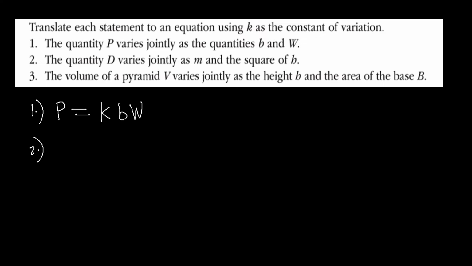Number 2, the quantity t varies jointly as m and the square of h. Okay, just write t equals k, the m and the square of h, which is h squared. Okay, next, the volume of a pyramid varies jointly as the height h and the area of the base b.